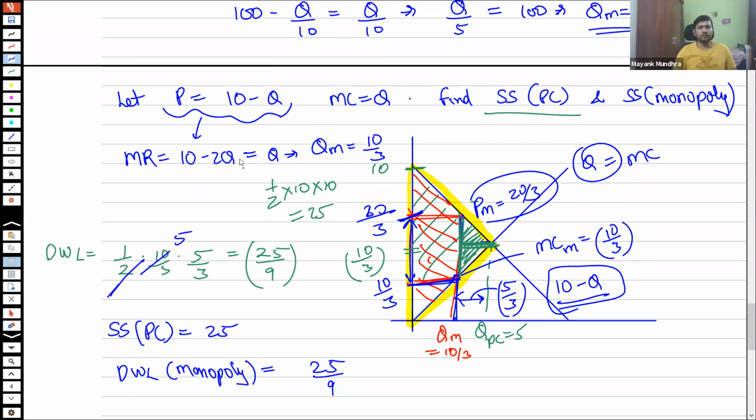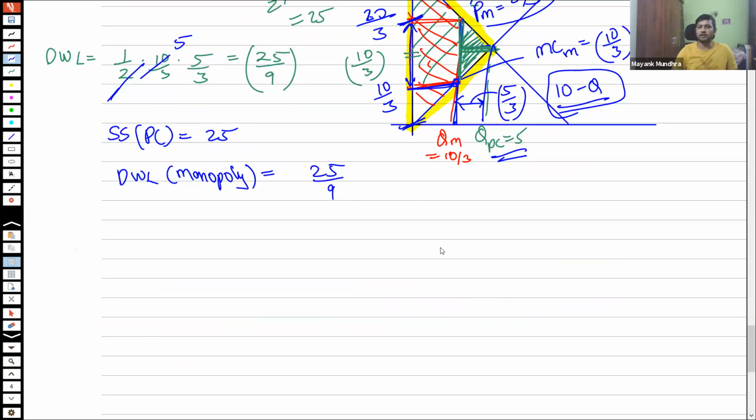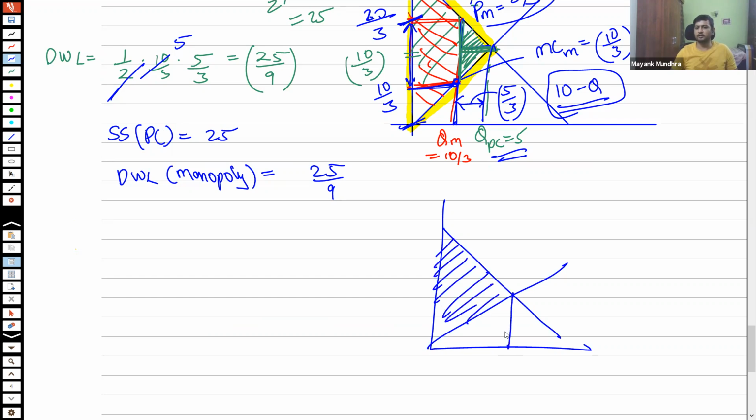Oh, sorry. Did I make a mistake here? In perfect competition, my quantity was 5, right? So this region was 5, and this was 10. If I draw this figure again, this entire triangle is my perfect competition surplus.